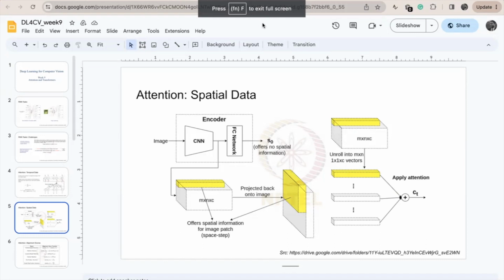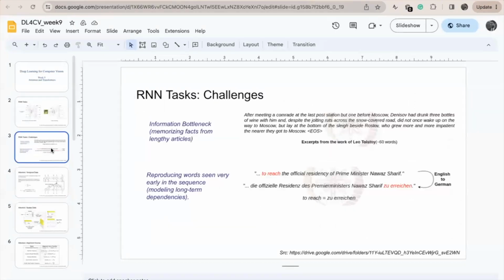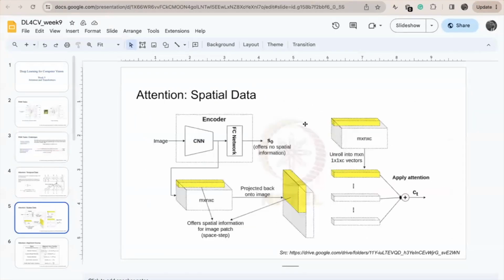So as you know, the spatial data we call images, right?